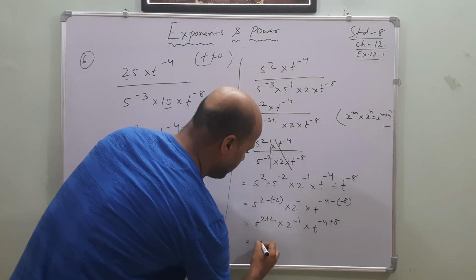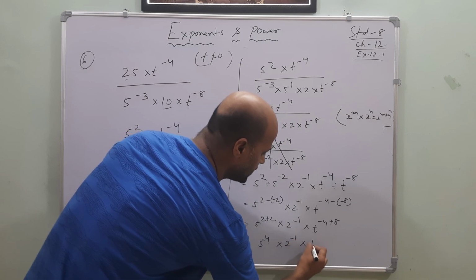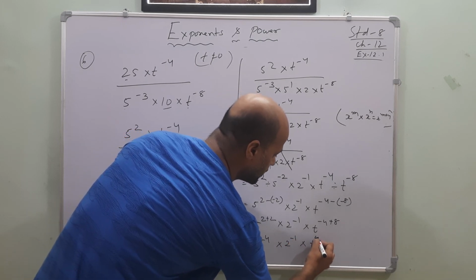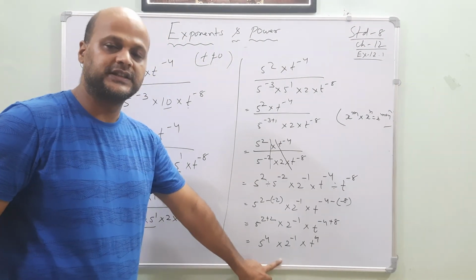Now 5 power of 4 into 2 power of minus 1 into t power of 4. This is the answer you have to get here. So this is the last answer.